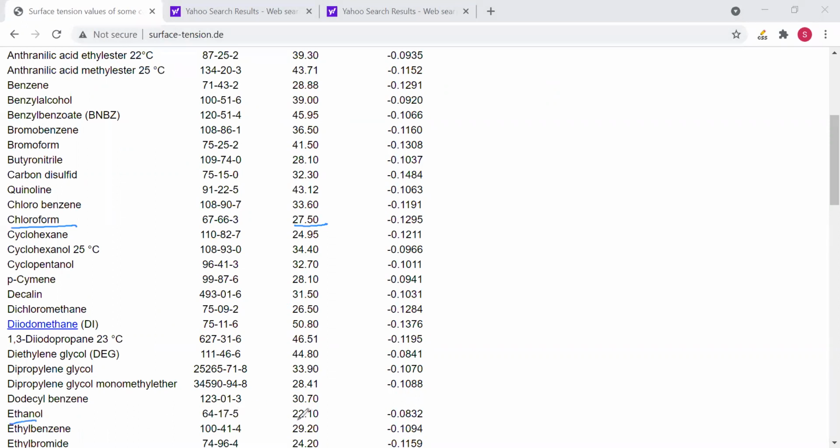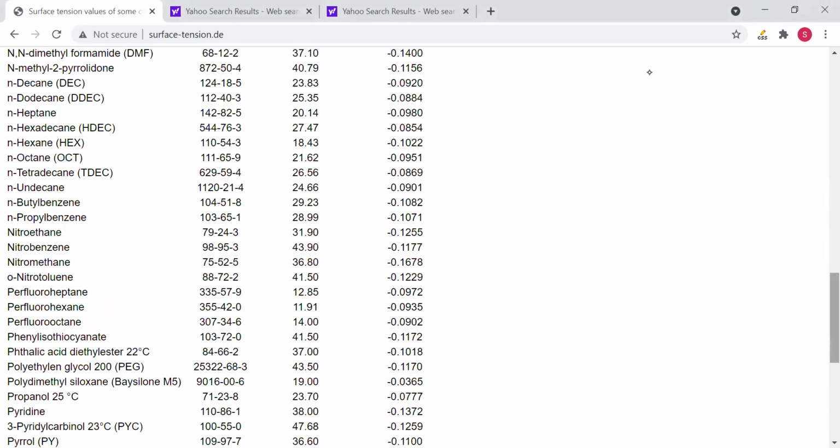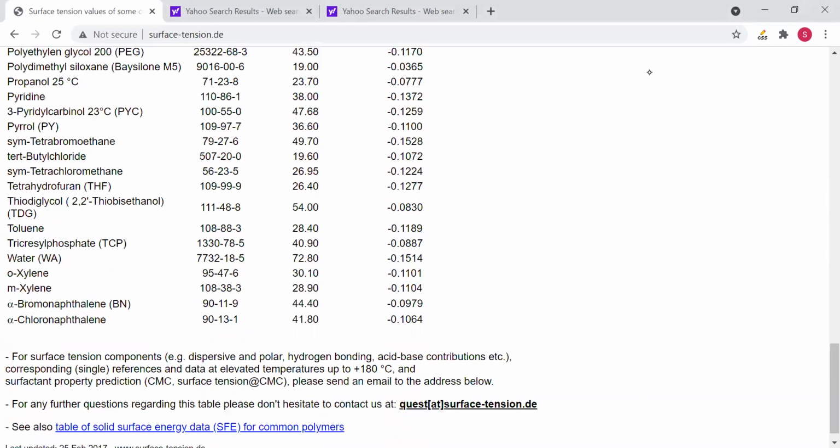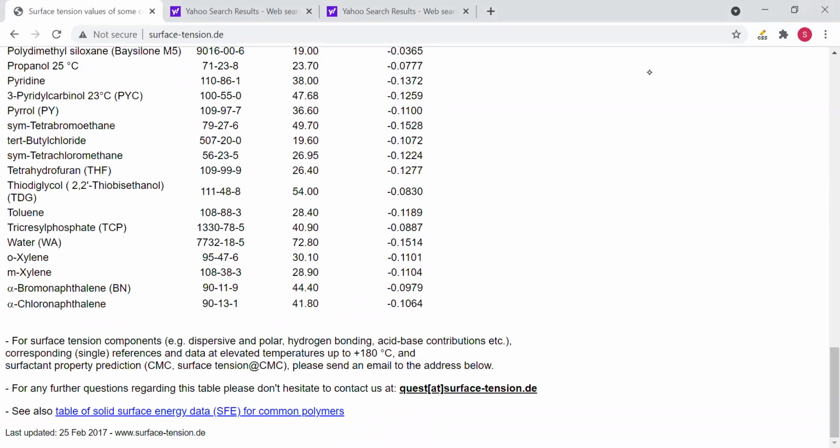Ethanol, water. Don't know where there is mercury in the list, but it has a pretty high value of surface tension. Toluene, something else you'll be familiar with.